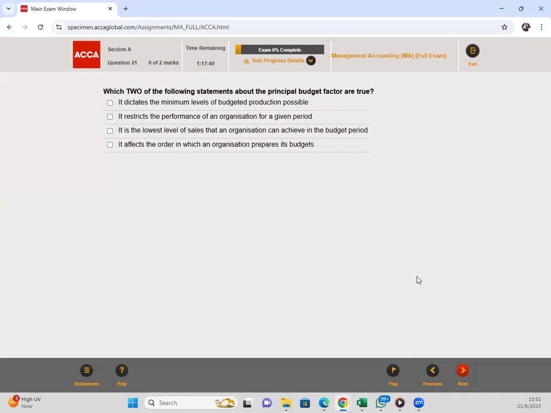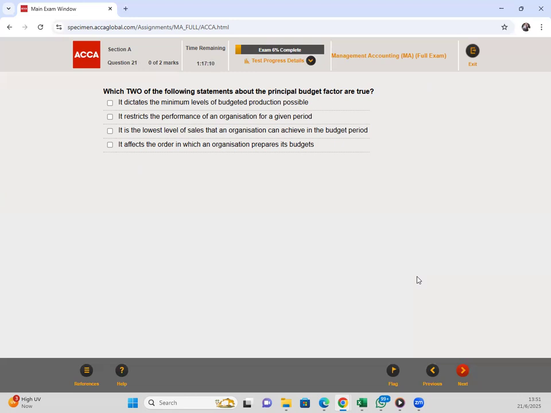That which is limiting us, could it be labor? Could it be material? Could it be demand? That is said to be a principal budget factor, or we can call it a bottleneck resource, or a limiting factor. So which two of the following statements about the principal budget factor are true?